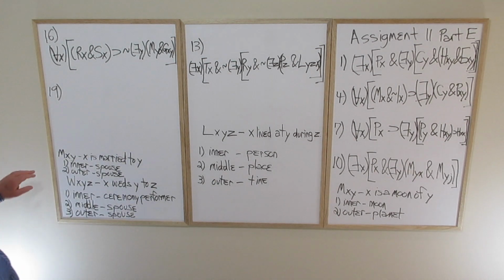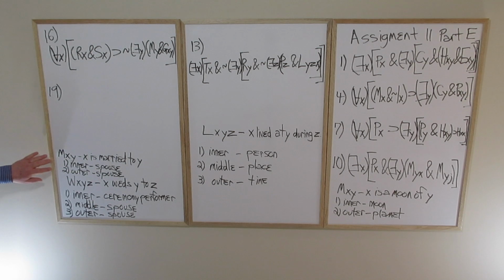So, let's get crystal clear on what's involved here. We've got the two-place relation x is married to y. This is an example of an unordered relation. Doesn't matter which of the two goes in which slot.